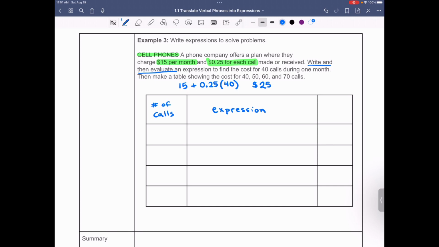And then the cost will go in the third column. And they wanted us to do this for 40, 50, 60, and 70. And we already did the 40. And that was $25.